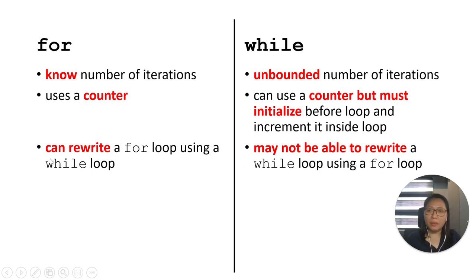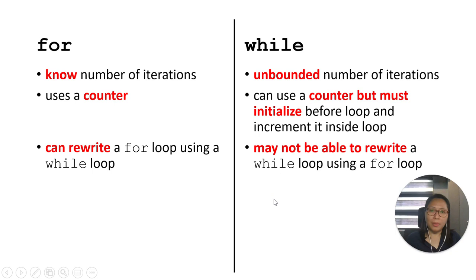Then you can rewrite a for loop using a while loop. However, you may not be able to rewrite a while loop using a for loop. So we could say that while loop is more general than for.